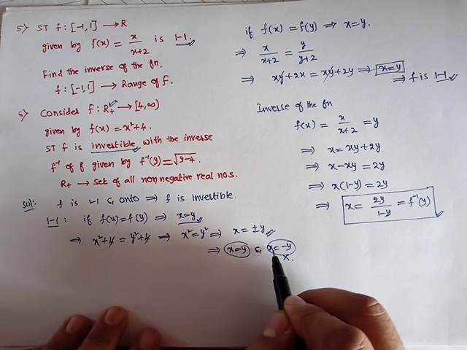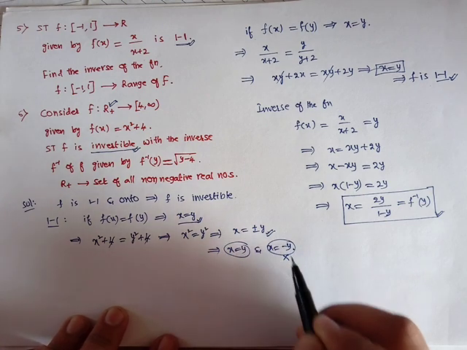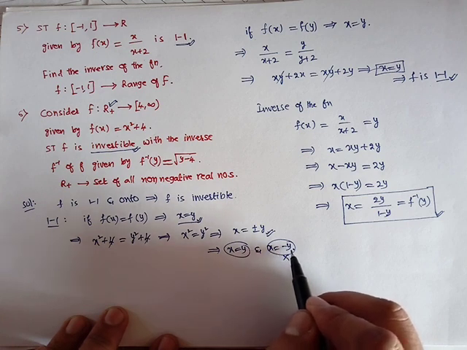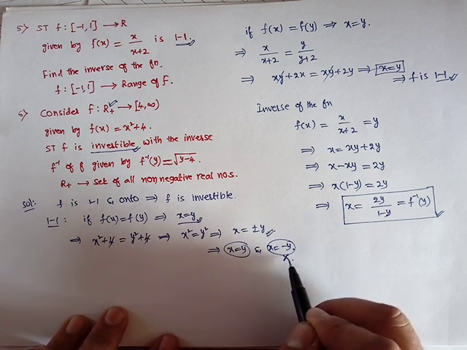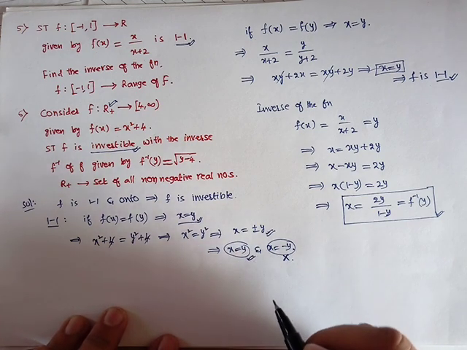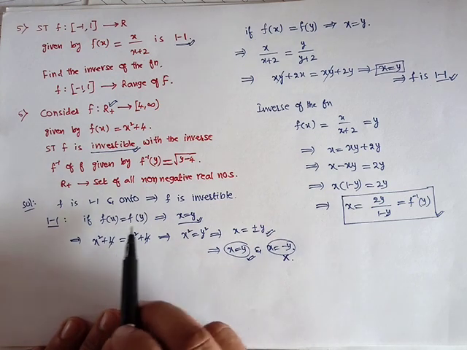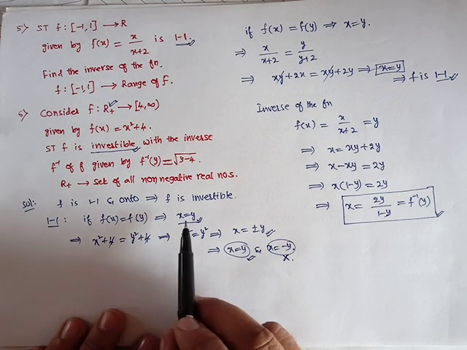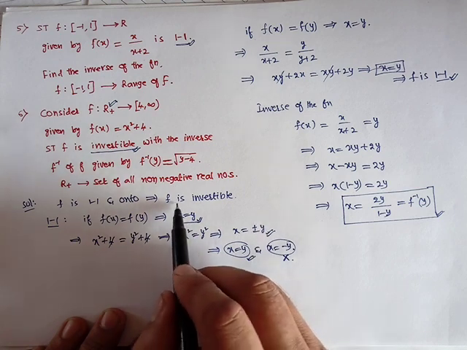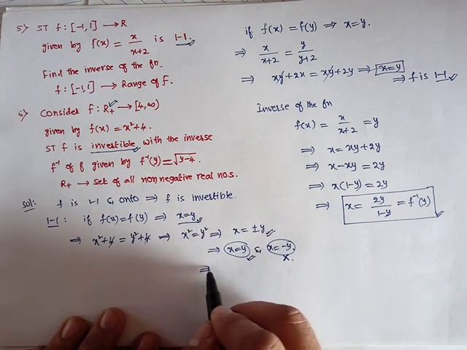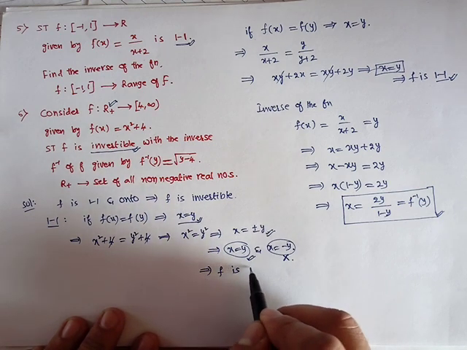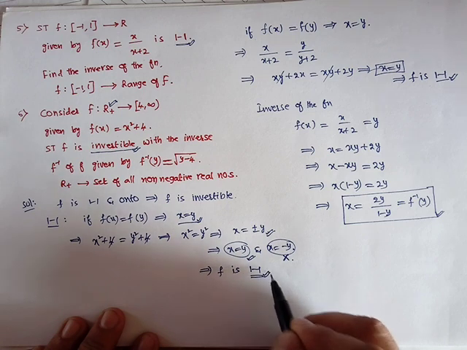So x = −y should not be considered, and x = y should be taken. Now you are proving f(x) = f(y) implies x = y, the meaning is f is 1-1, so this implies f is a 1-1 function.